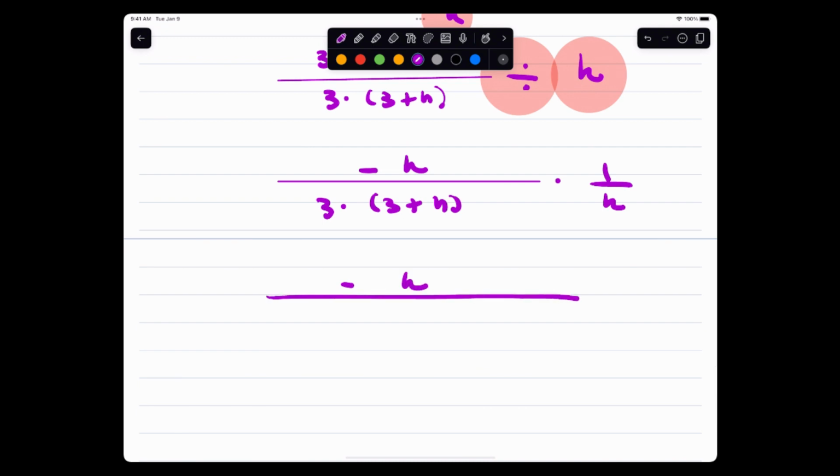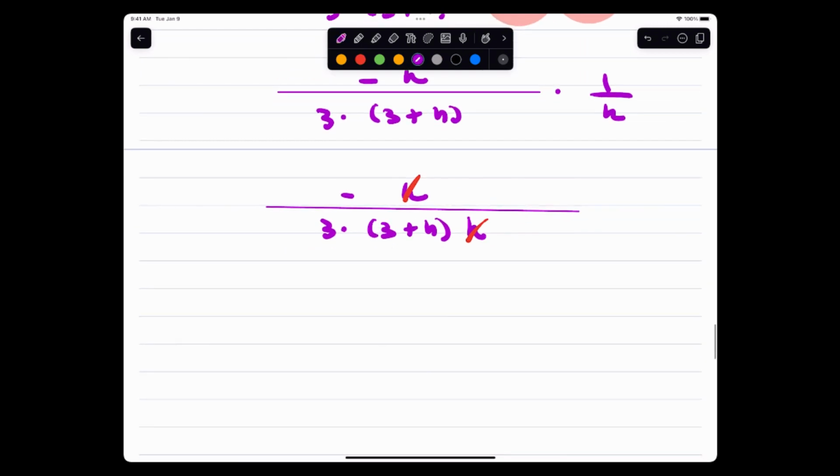Now, you might start to see a nice pattern here, ladies and gentlemen. What do I mean by seeing a pattern here? What you're going to notice happening every single time is that h is going to cancel. So this is now negative 1 over 3 plus h.